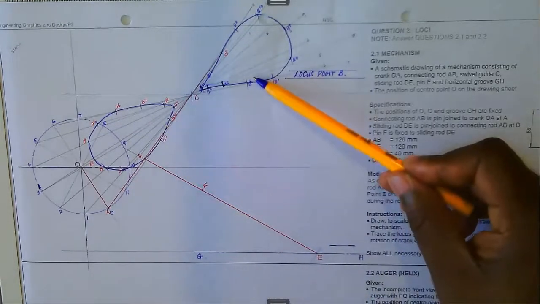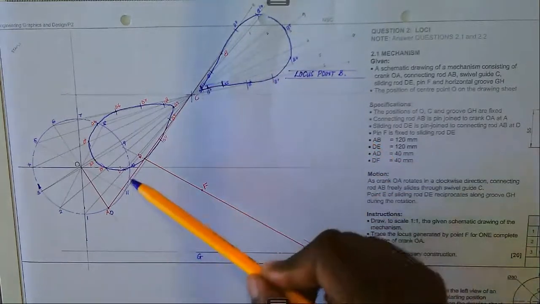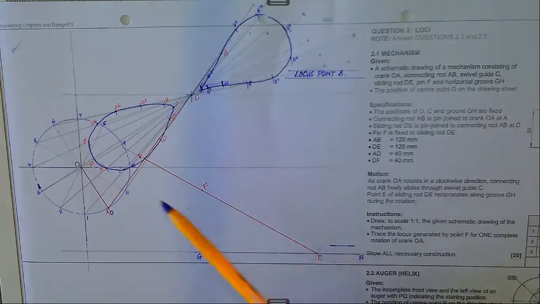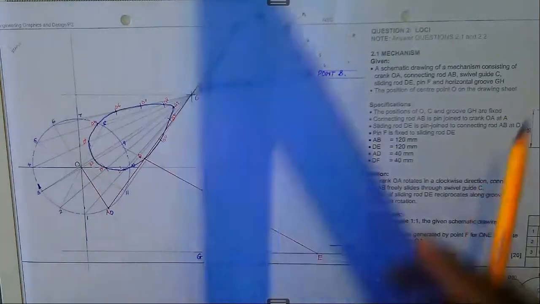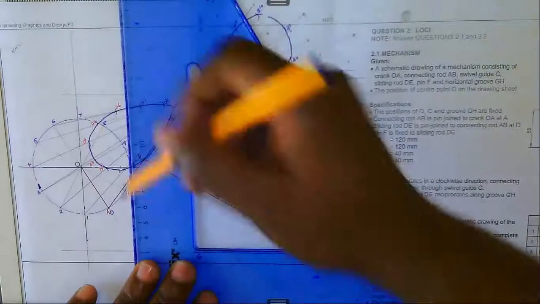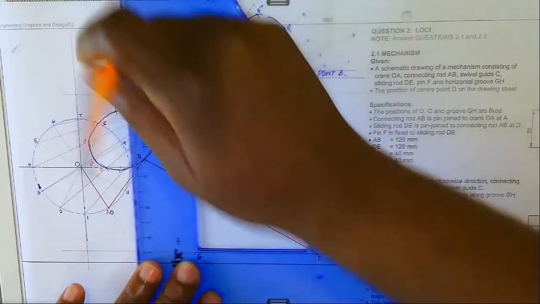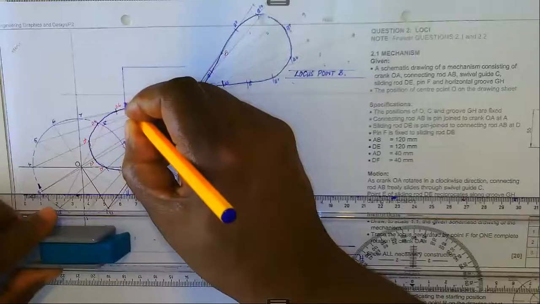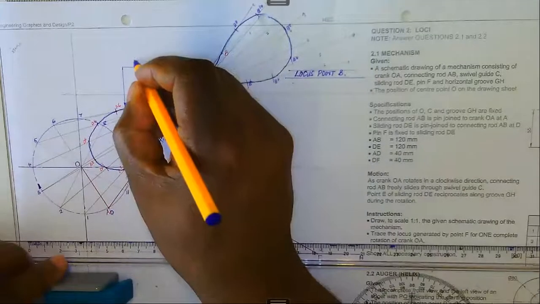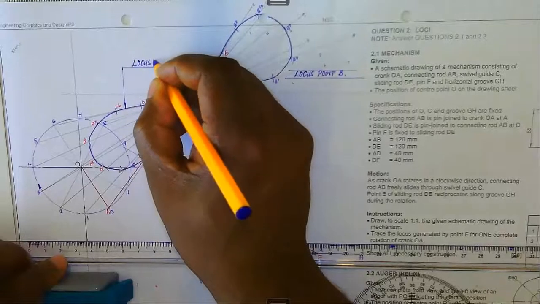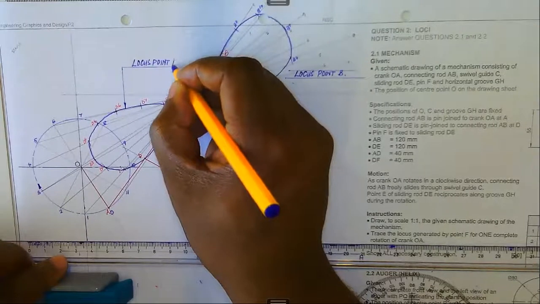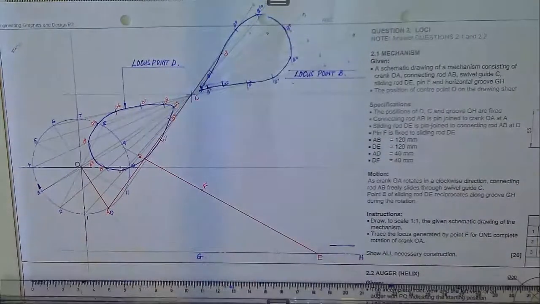Certainly you would need these points in order to get point E, which would ultimately lead you to get point F. So we can also write here, indicate with an arrow, that's locus point D.